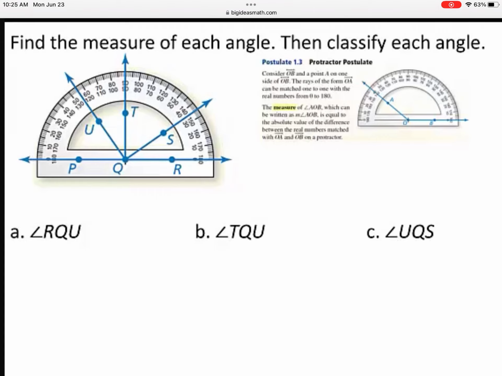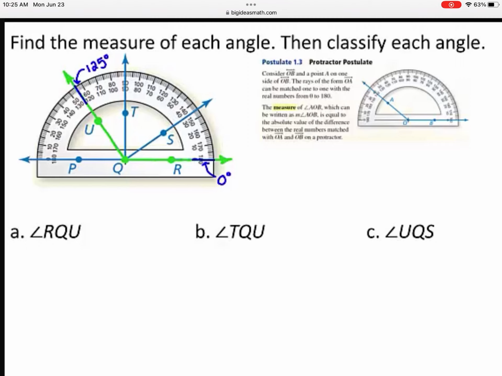rays on a protractor. In Part A, to find the measure of angle RQU, first locate angle RQU on the diagram. Now, ray QR lines up with 0 degrees on the inner scale of the protractor, and ray QU lines up with 125 degrees on the inner scale of the protractor.